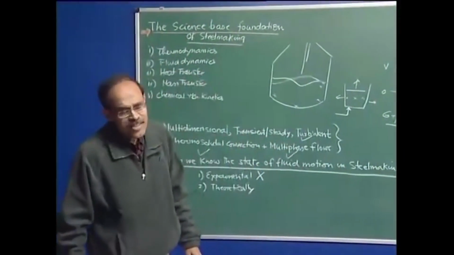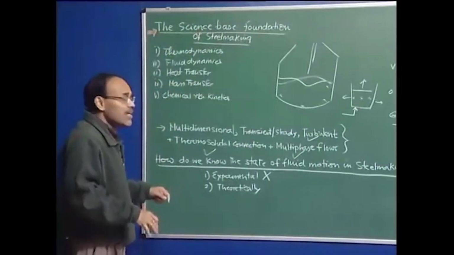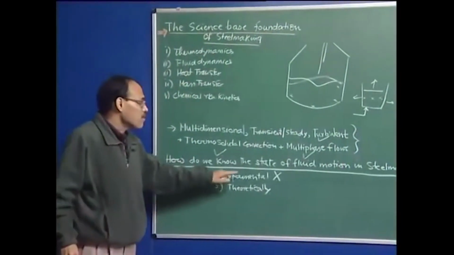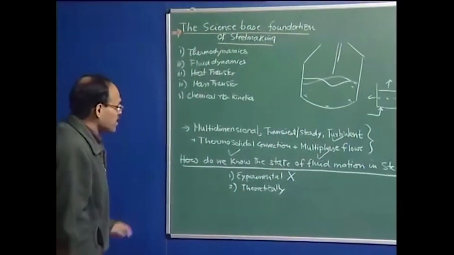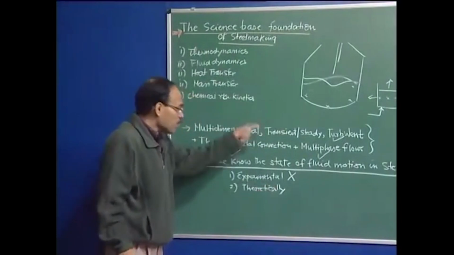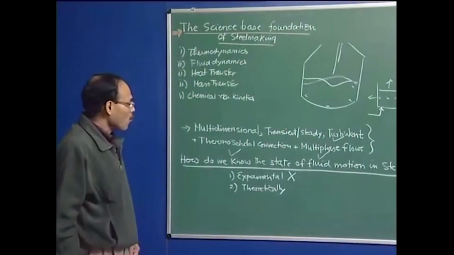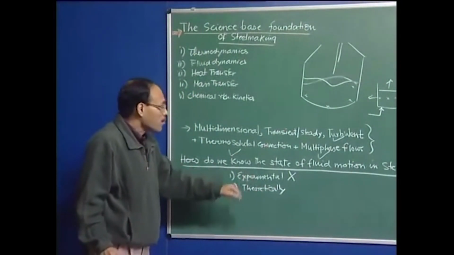It is going to be enormously time consuming, very difficult, and very expensive. So, we can rule out the possibility. The only possibility is that we can calculate the melt flow phenomena from a theoretical background.